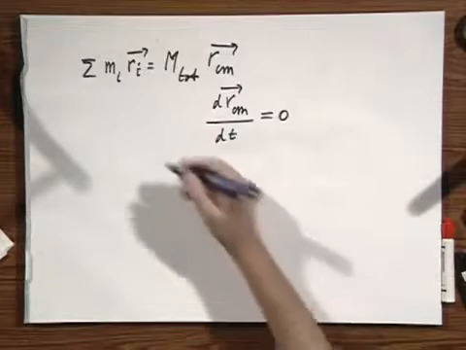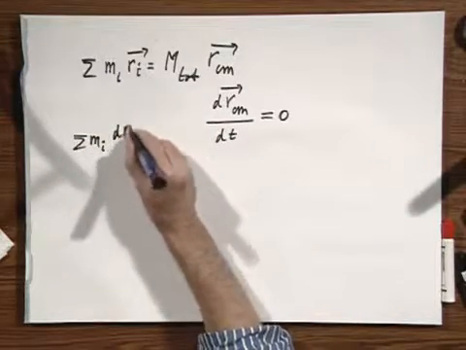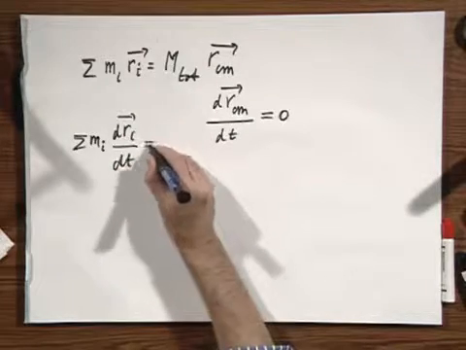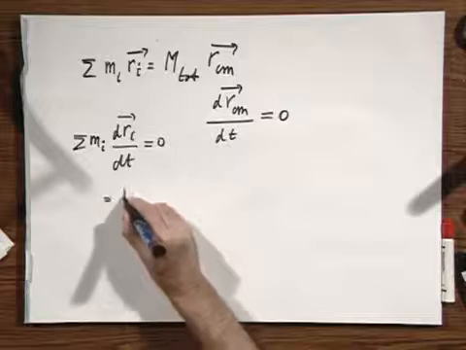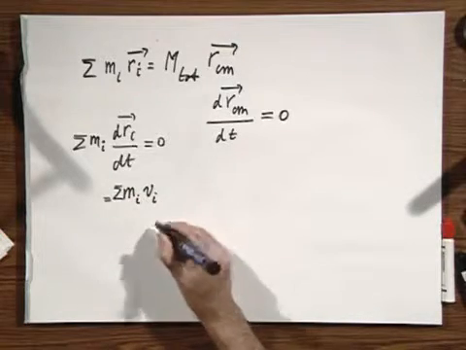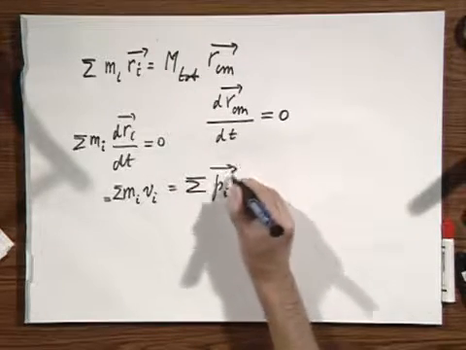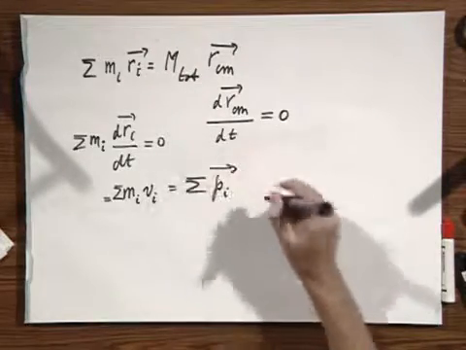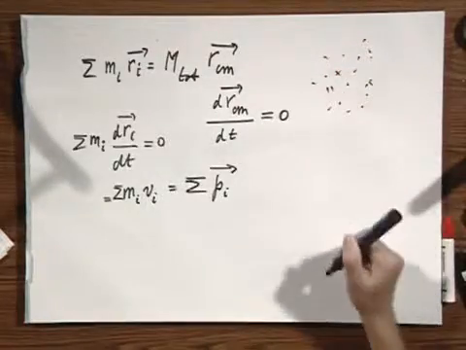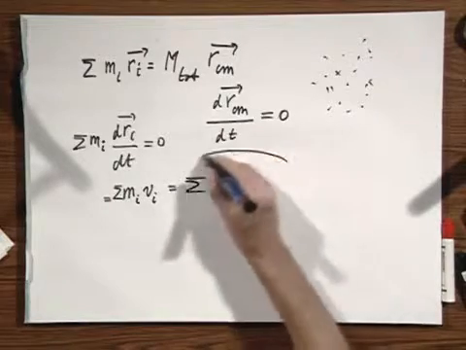Well, that means that the sum of m_i times dr_i/dt is also 0. But this is also the sum of m_i times v_i. And that is also the sum of the individual momenta of all these little individual particles, if I return to particles that interact with each other, and that must be 0.